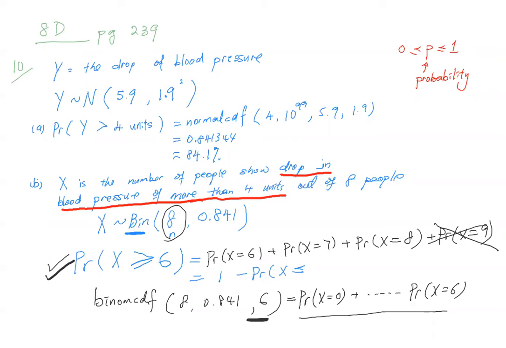So you see, I have no choice but to make you all pay attention in class. Then I can take the calculator, take away binom 8, 0.841, 5. That shows you all didn't do the homework. I'm telling you, I definitely will set this type of question in your exam.